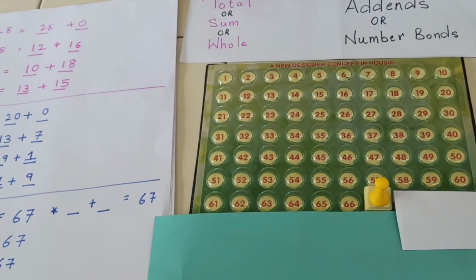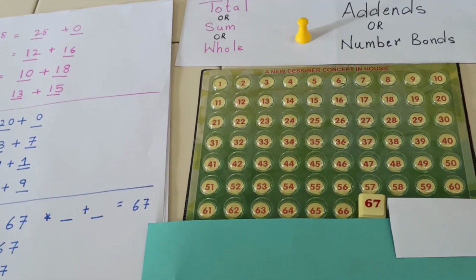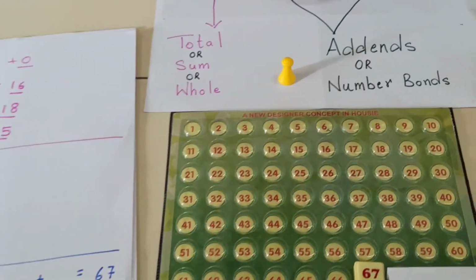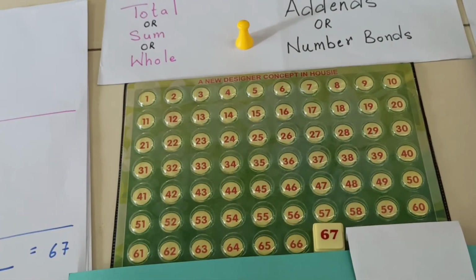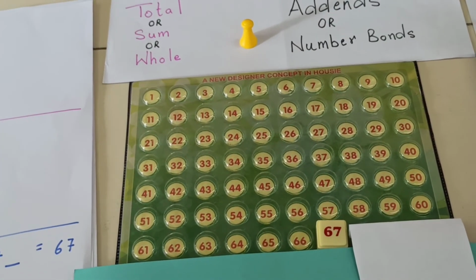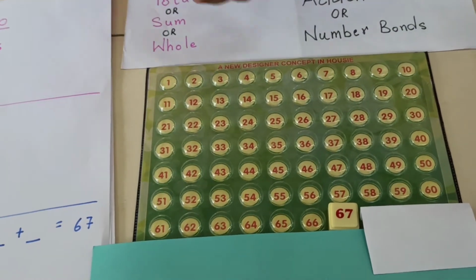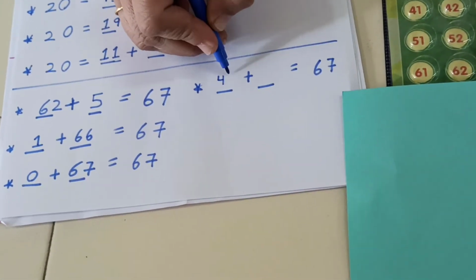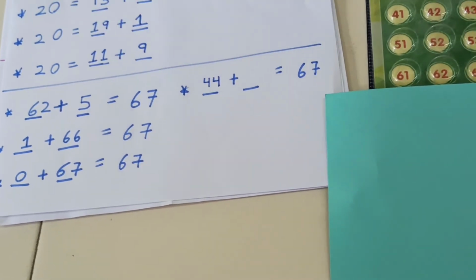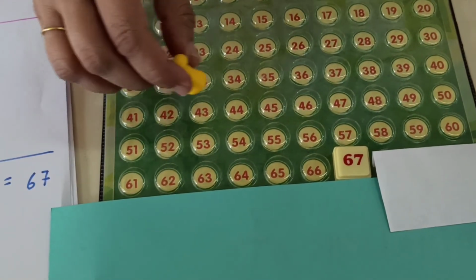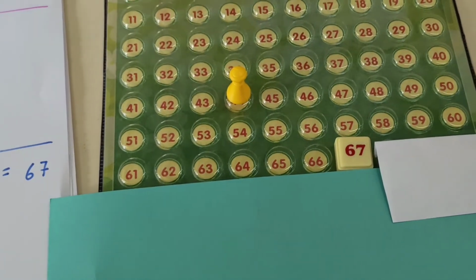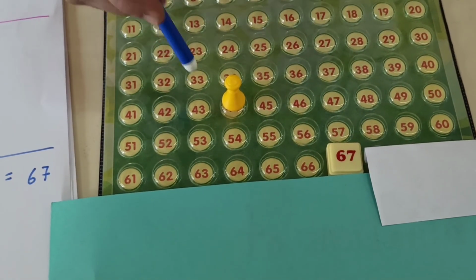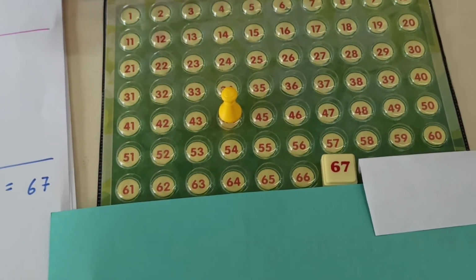No worries. I'll select one smaller number. 44. Okay, so one of my addends is 44. Let me keep this on 44. Now, am I going to move backward?